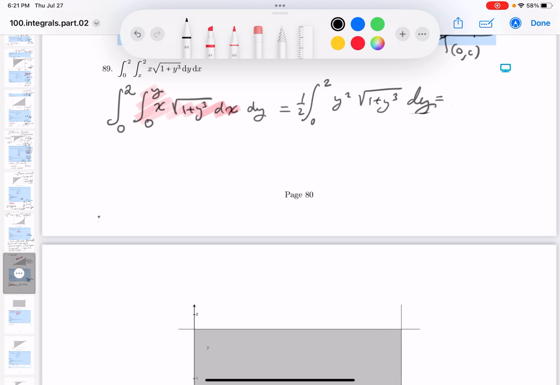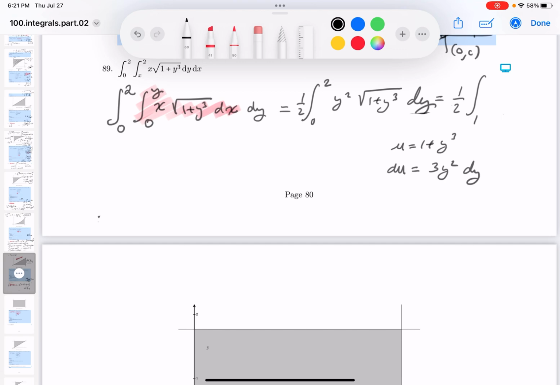Let's do this again, though. So u is 1 plus y cubed, du is 3y squared dy. So what do you get over here? You still get 1/2. When y is 0, u would be 1.